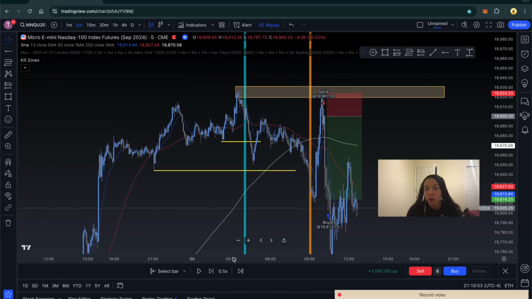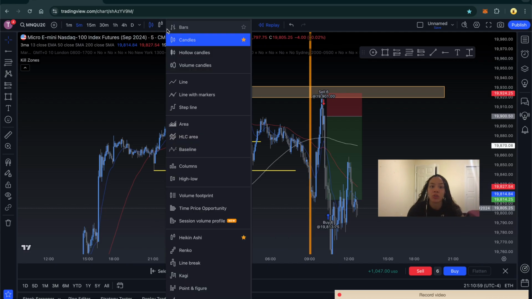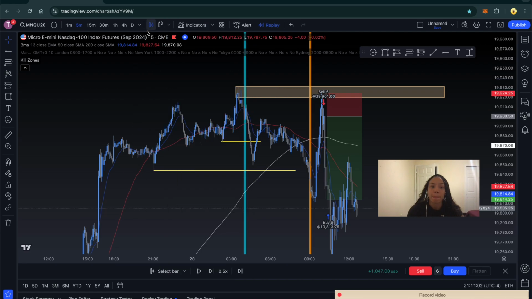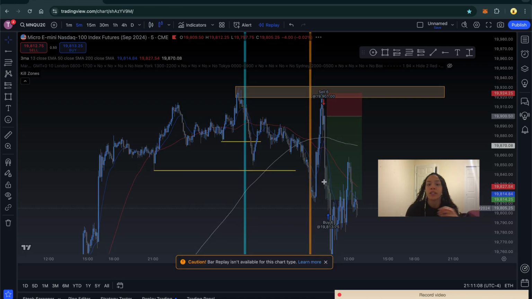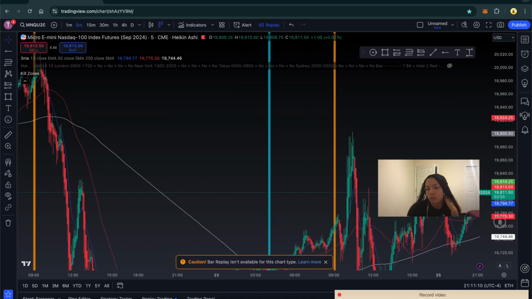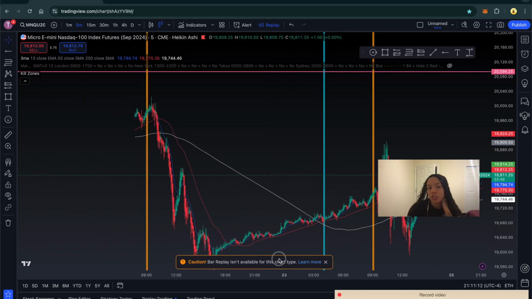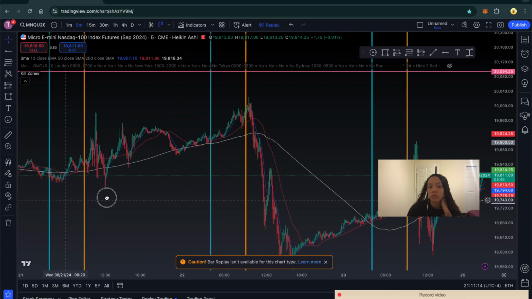Now, like I said, this is on the regular candlesticks. I keep mine on Fibonacci. So you can change the bar candles. I'm keeping it on this, and you can't do bar replay, so all this is probably going to wipe away. But it's just better on your eyes.